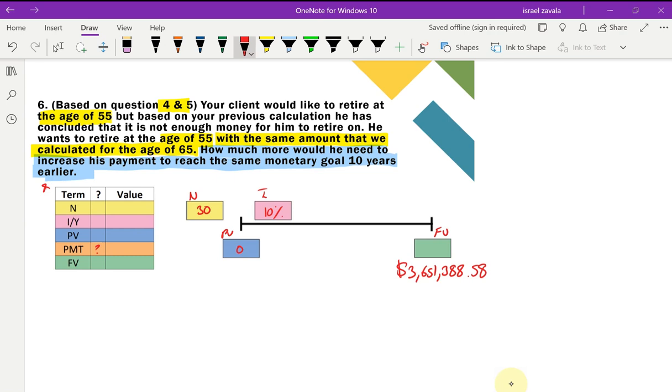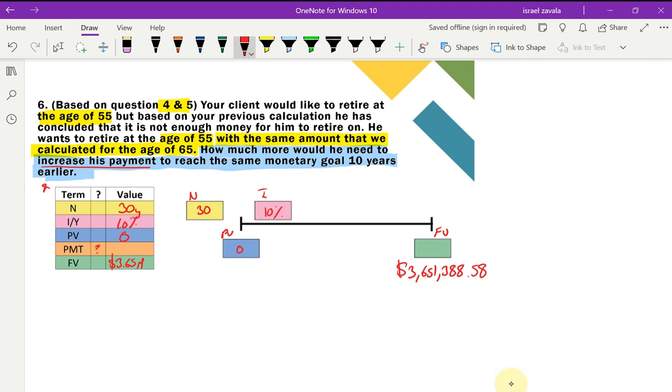How much more would he need to increase his payment to reach the same monetary goal? So N is equal to 30 years, the interest rate is 10%, there is no present value, and the future value is 3.65 million. You can see the full number over there.